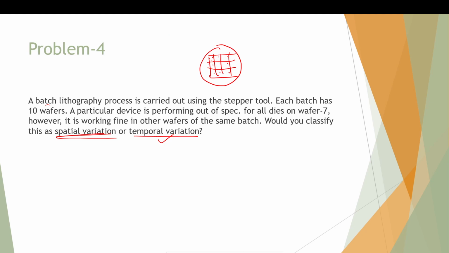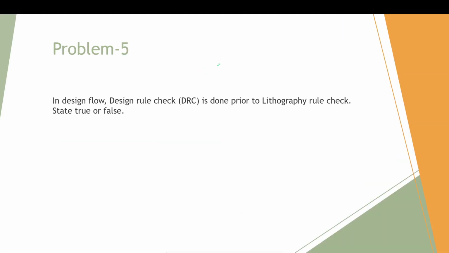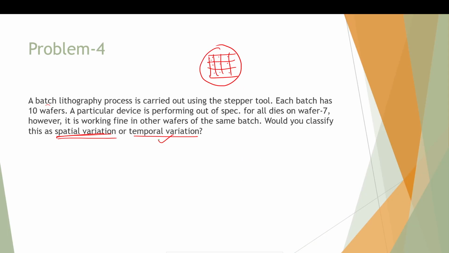Say in the same die, if I had two copies of this same device, one device here, one device here, and I am saying that only one of them is getting faulted in all the dies.